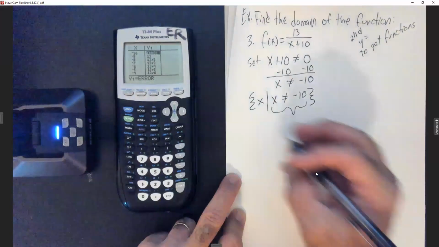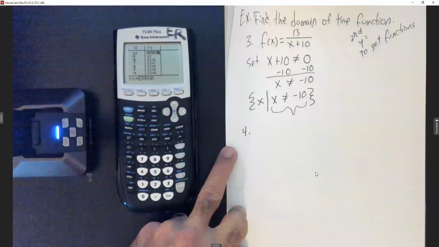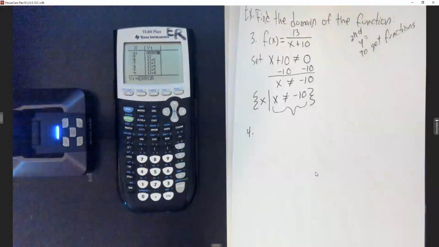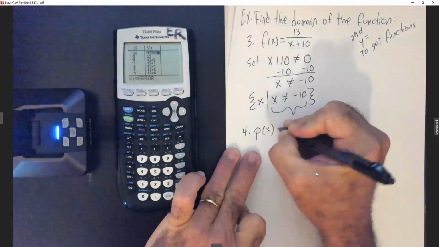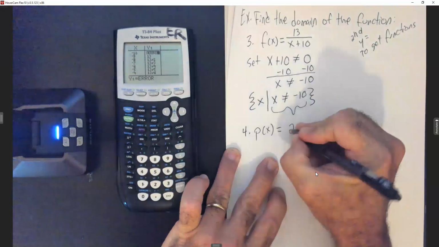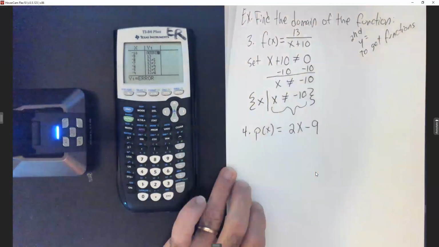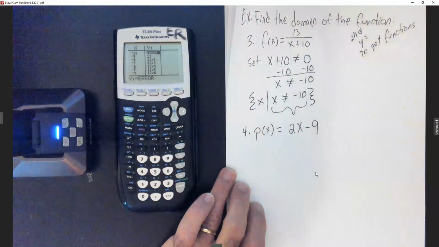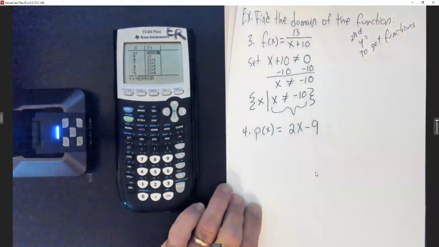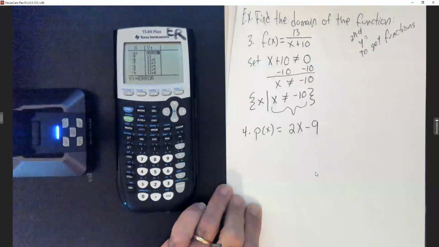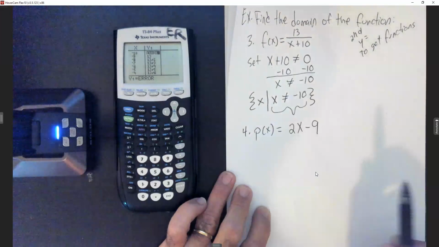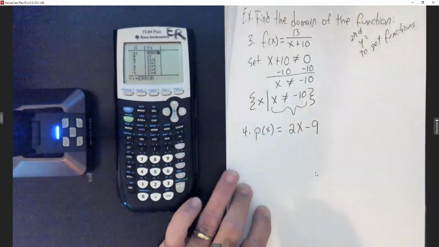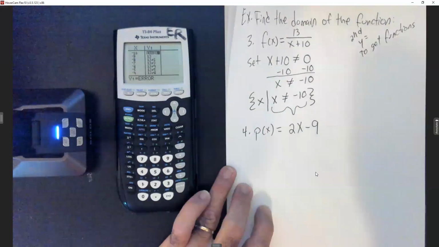All right, then you would move to 4. So y'all, 4 has P of x equals 2x minus 9. Now remember a while ago I said the domain of a function is all real numbers unless you have a fraction or you have a radical. I have neither.